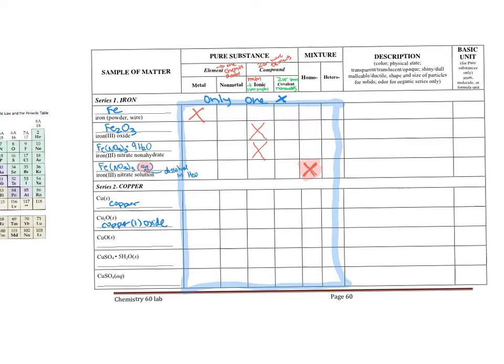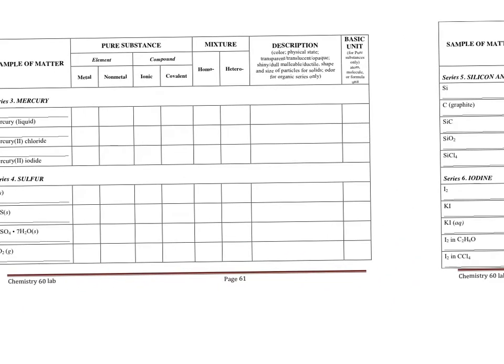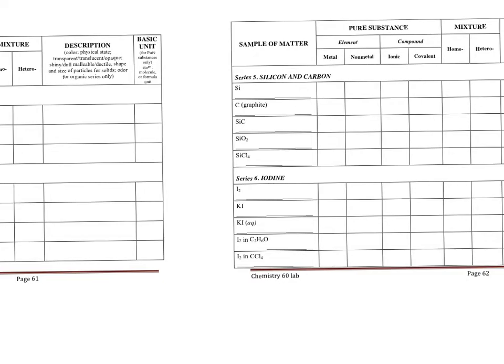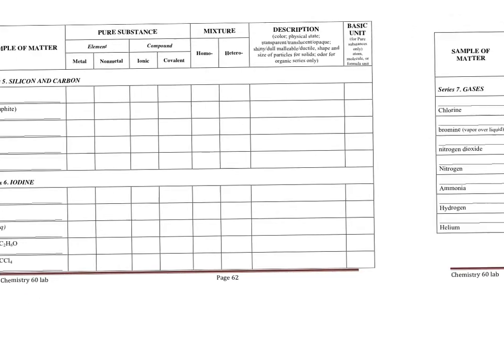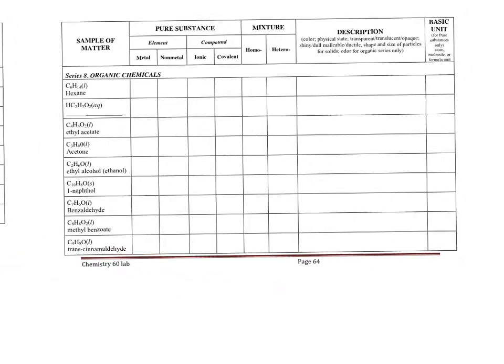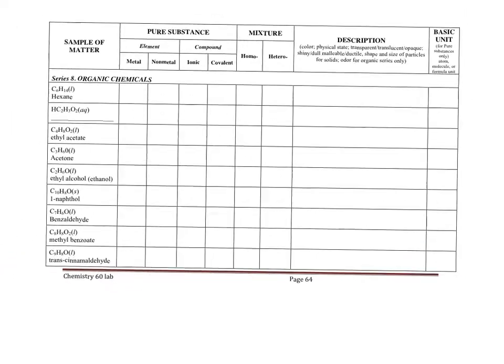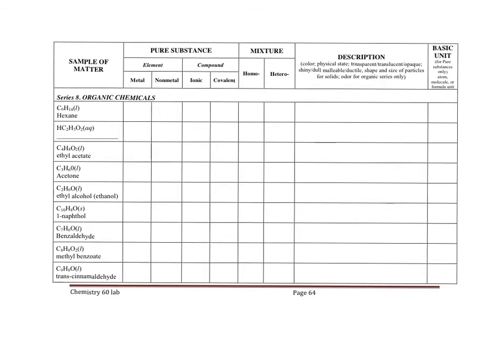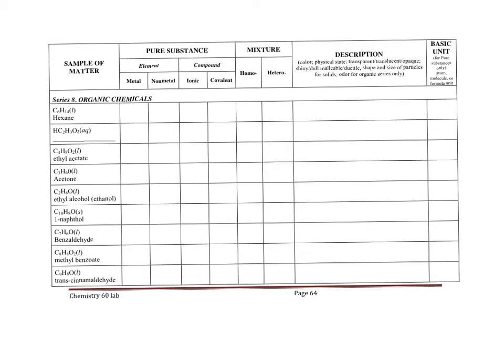A couple other examples I would like to go over or bring your attention to. If we look at our organic chemicals, something that's really important to pay attention to, just because something is a liquid does not make it a mixture. Students oftentimes look at a sample and it's a liquid and think it's a mixture.